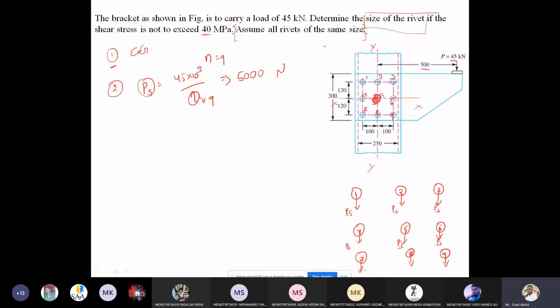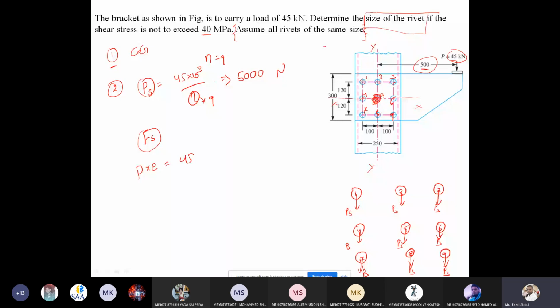Okay. Now what is the third point? Secondary shear force we need to calculate. This secondary shear force is generated due to the eccentric load we are applying on the system, 45 into 10 cube into 500.